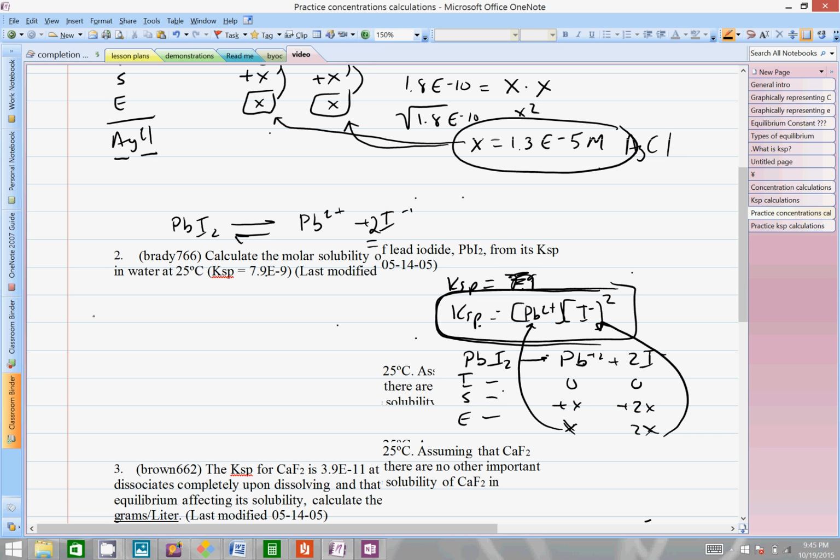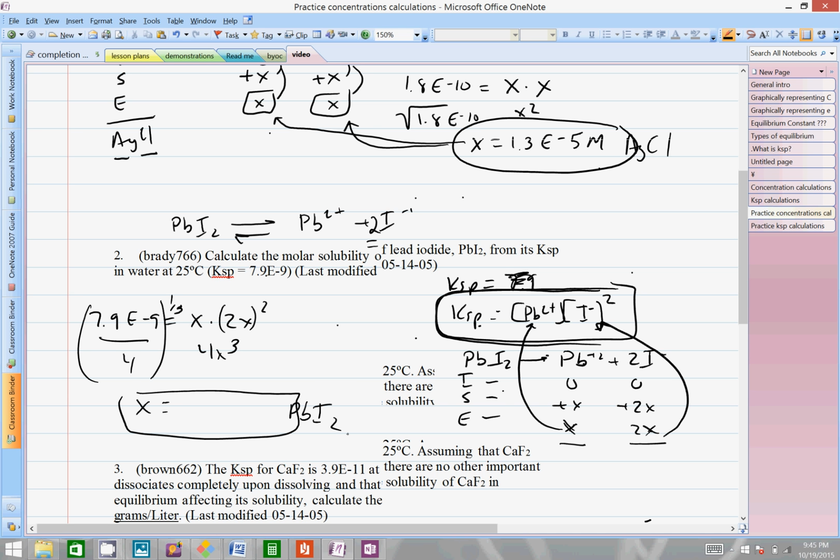This is going to be 7.9 e to the negative 9th equals, in this case, x times 2x squared, which always comes out to 4x cubed. And you would simply solve for x. Divide by 4, raise the whole thing to the 1/3 power, and x equals the concentration of, in this case, the lead ions. 2 times that would equal the concentration of iodide ions, but because it's a 1-to-1 ratio of the lead, this would equal the concentration of the lead iodide as well.